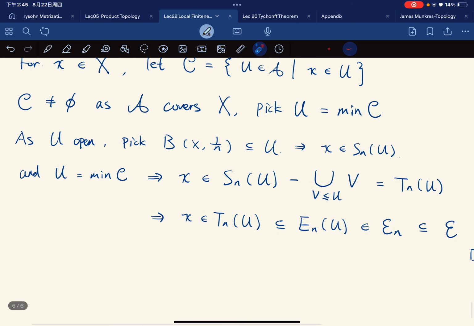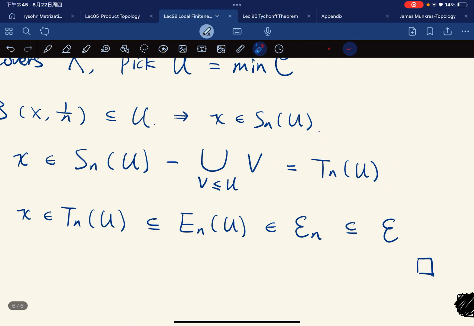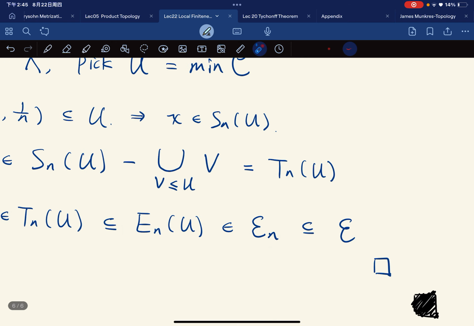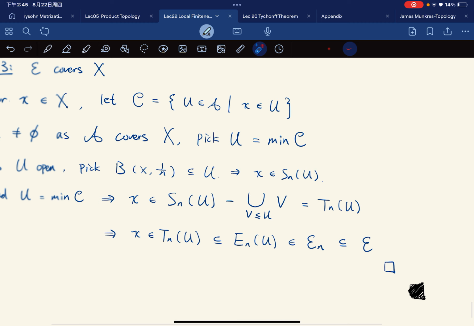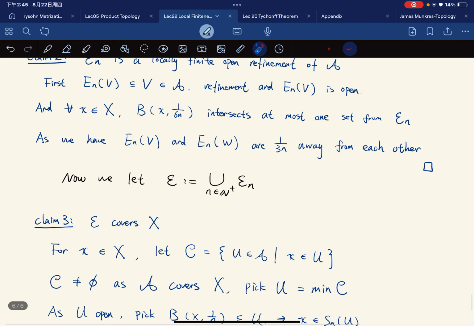So x is being safe, it is not in any of the V's, which is still in T_n,U. But T_n,U is a subset of E_n,U, and E_n,U is in some epsilon_n, where epsilon_n is a subset of epsilon. So we have epsilon covers X: for x in X, x is inside some E_n,U, which is inside some epsilon.